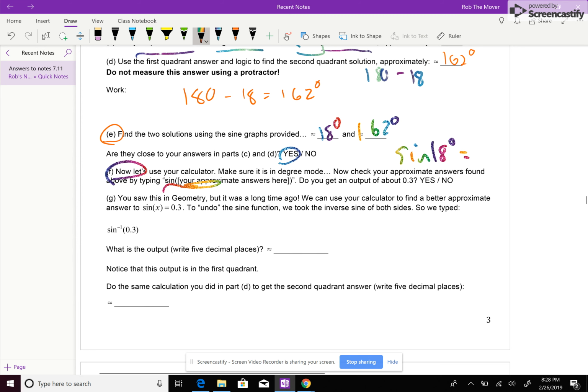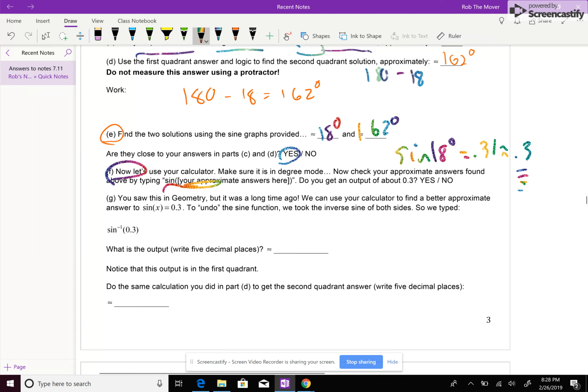Sine of 18 degrees is 0.309. If I approximate that to the nearest hundredth, that'd be 0.31. If I approximate to the nearest tenth, it is 0.3, a pretty good approximation. Sine of 18 is about 0.3 if I were to round to the nearest tenth, for sure.